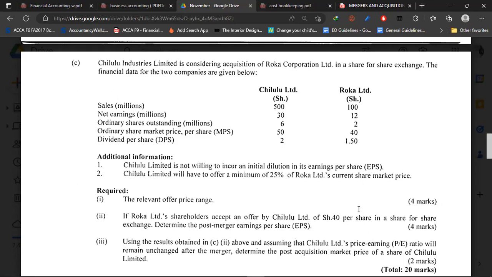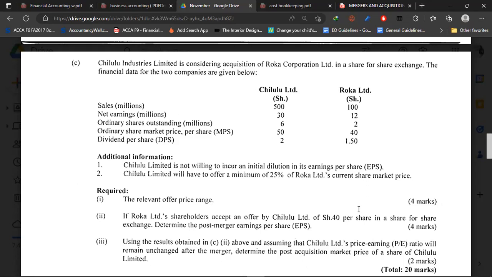Three, using the results obtained in C above, and assuming that Chilulu Limited's price earnings ratio will remain unchanged after the merger, determine the post-acquisition market price of a share of Chilulu Limited.